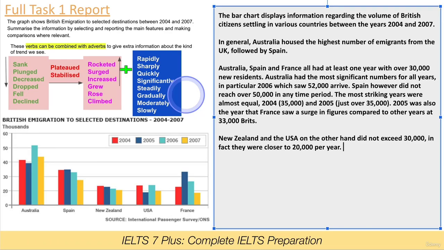Okay, let's talk about how New Zealand's numbers steadily decreased as time went on.